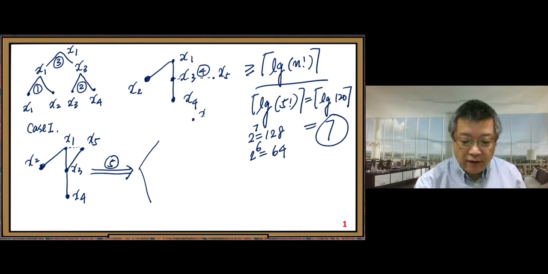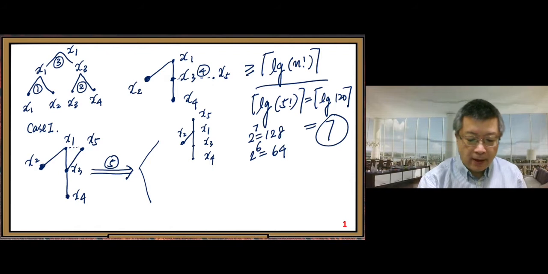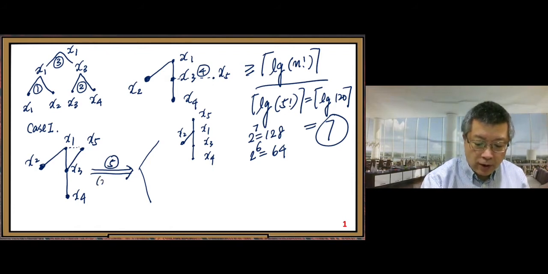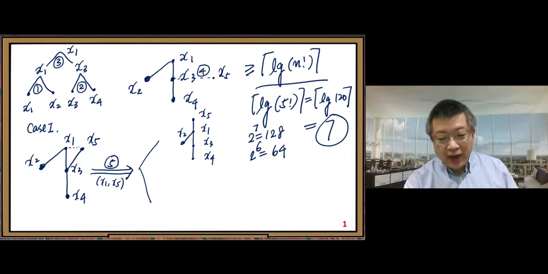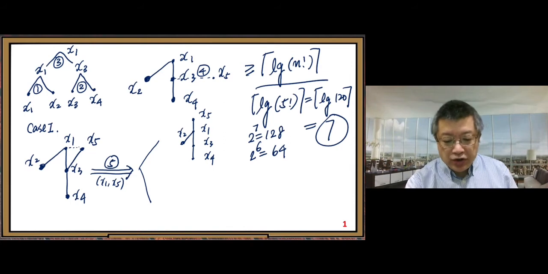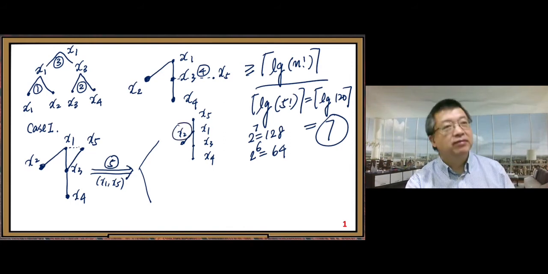So X5, X1, X3, X4, and X2 here. To get the whole array sorted, we just need to put X2 in place.